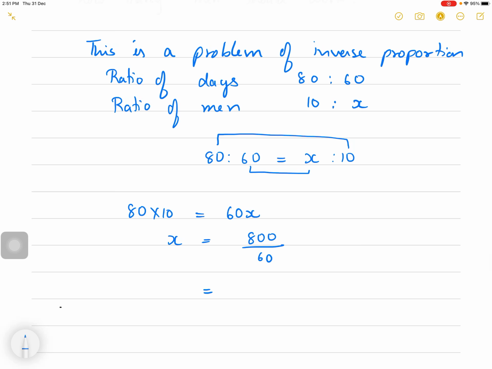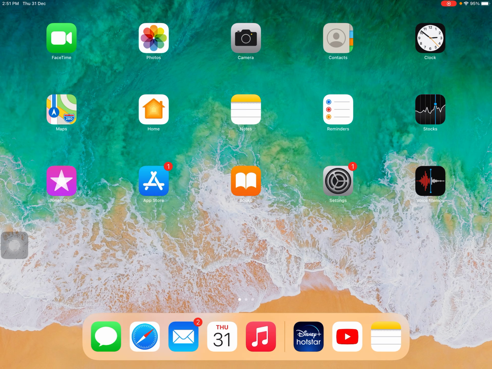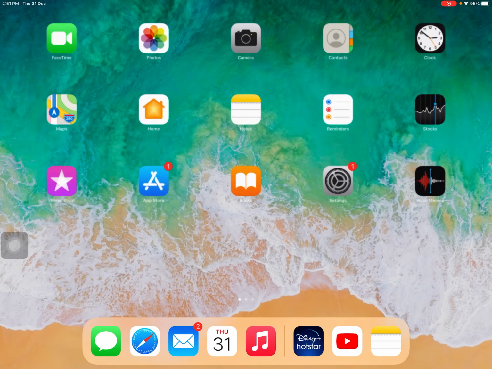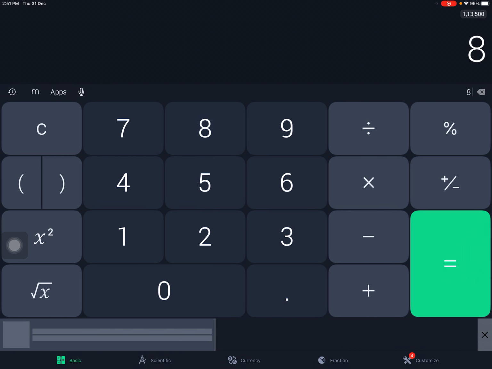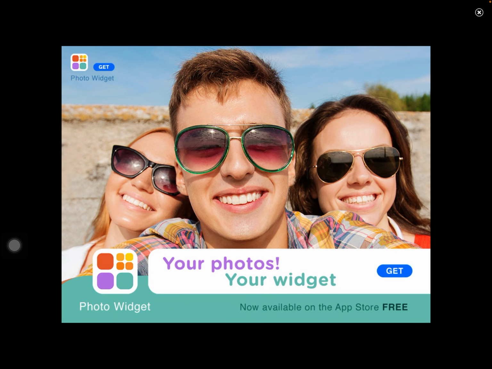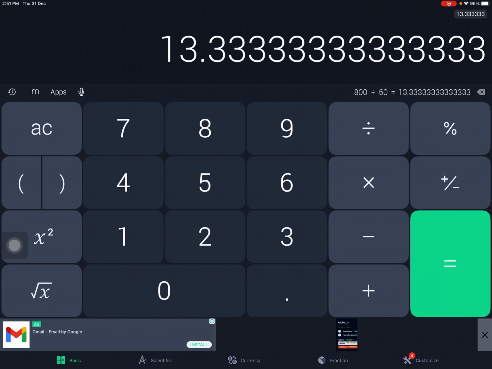So let us see what is 800 divided by 60. Eight hundred divided by 60. It is 13.33.